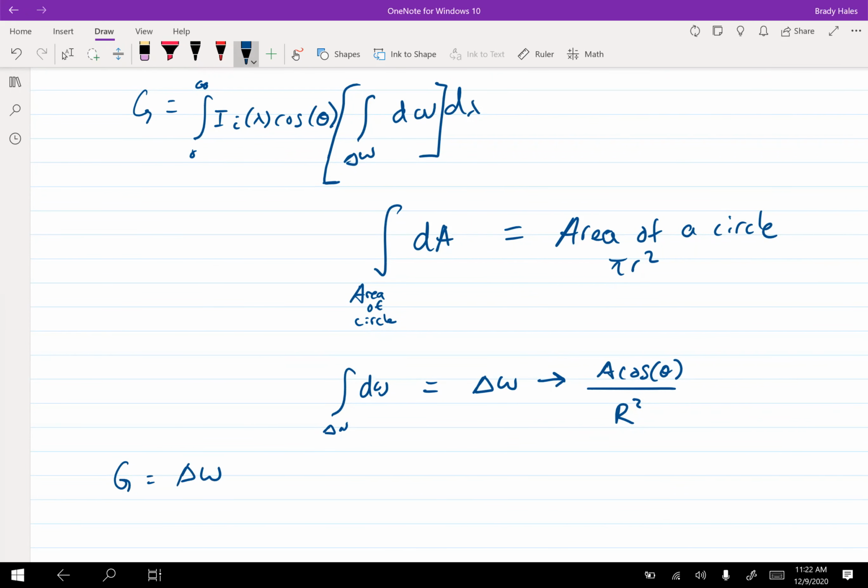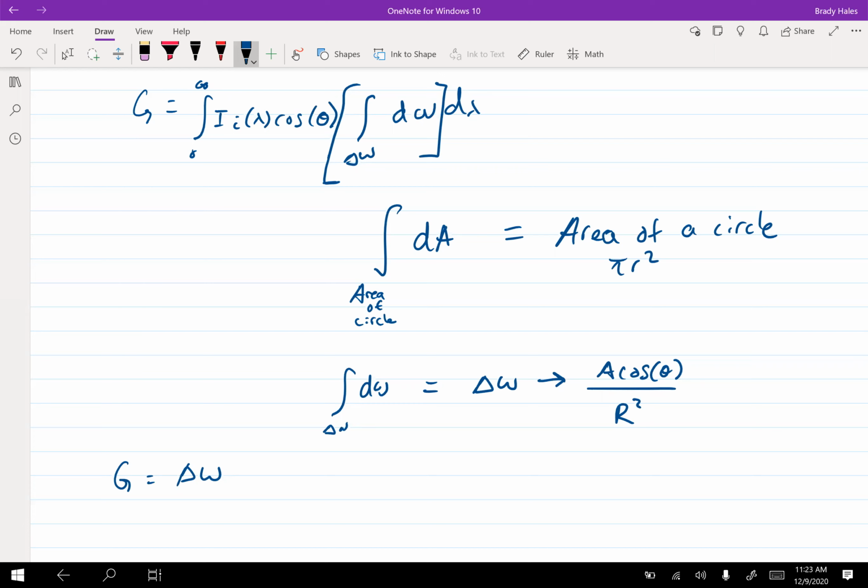Okay, so we can pull out the finite solid angle. That's not a function of lambda. Is cosine theta a function of lambda? Again, the answer is no, unless you had some problem where the red light from the sun was hitting the rocket at a different angle than the yellow or the green or the blue light.